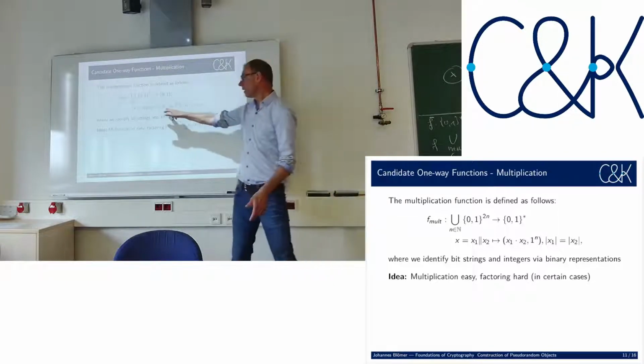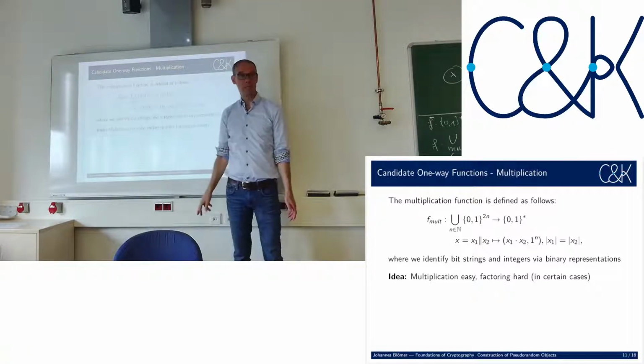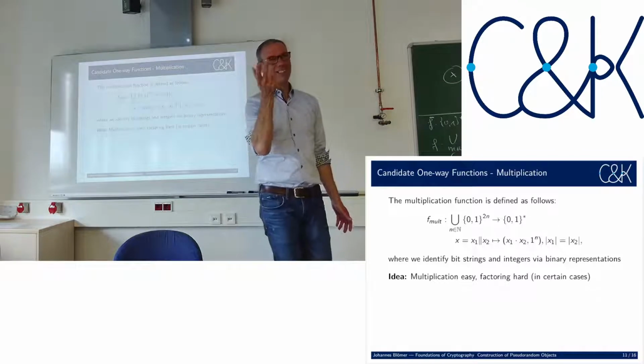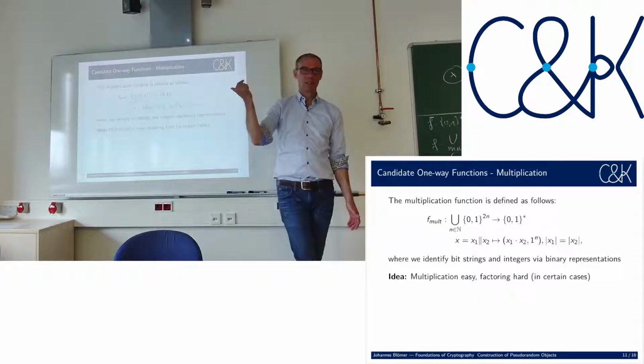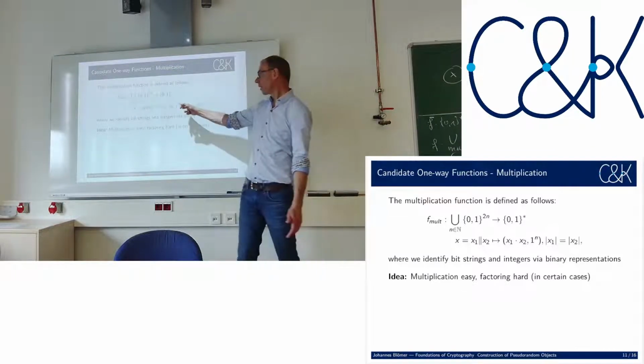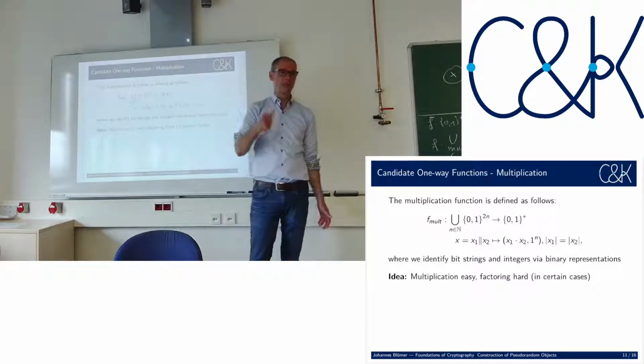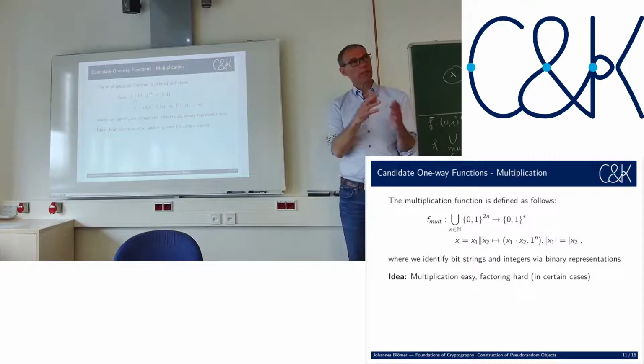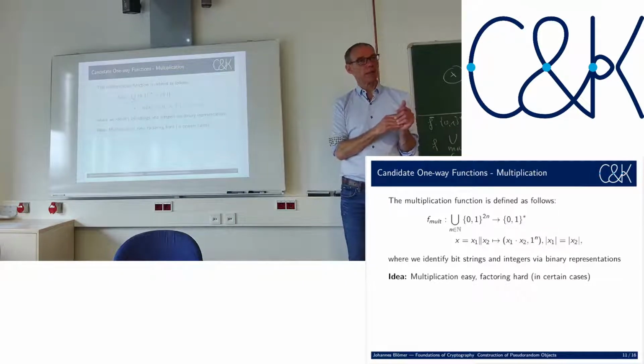And then it would be easy to construct the two factors. But they are of different length, so that doesn't count in our inverting game. In the inverting game, given this 1^n, you really have to find the factors of the same length.